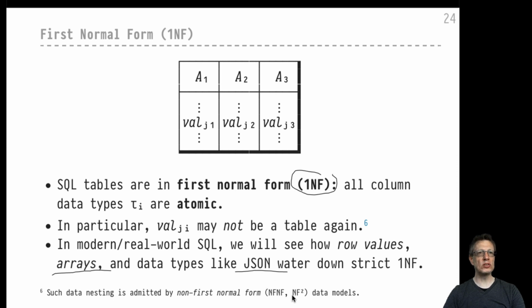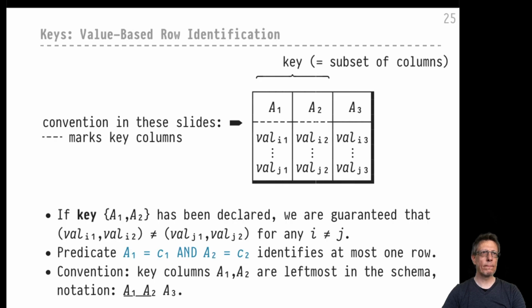If we would have nested tables, as this footnote implies, we would leave the first normal form world, the 1NF world, and we would enter the non-first normal form, or the NF-squared world. We will not do that in this particular course. There's interesting research and notions that talk about NF-squared tables, but this is outside the discussion of this particular course.